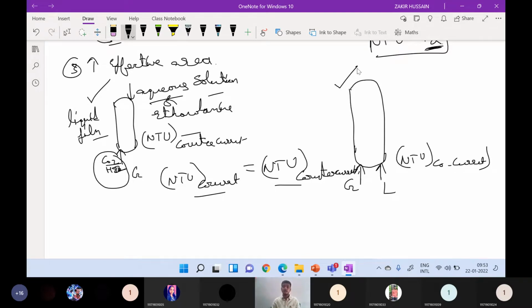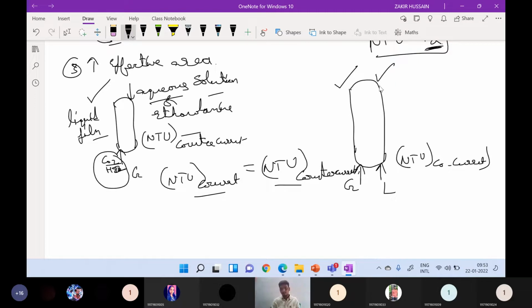But the co-current will offer an advantage. What is that advantage? There are no flooding limitations, and the gas flow rate can be maintained much higher than the normal rate, which reduces the column diameter, and the corresponding increase in liquid and gas mass transfer velocity gives a higher mass transfer coefficient.